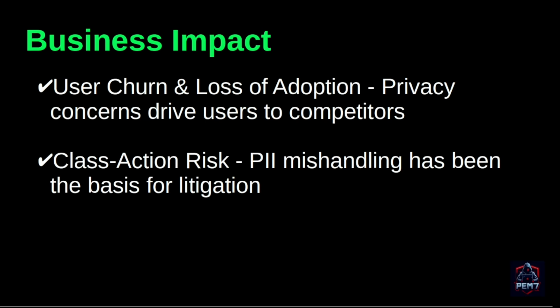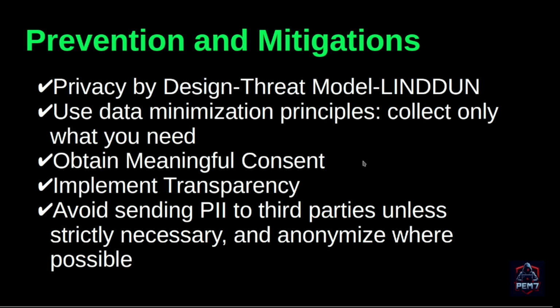So the bottom line is that privacy is no longer optional, especially in this age of AI. It's a fundamental requirement for mobile applications, enforced by regulations, user expectations, and platform policies. To summarize, privacy must be embedded in every aspect of mobile application design.